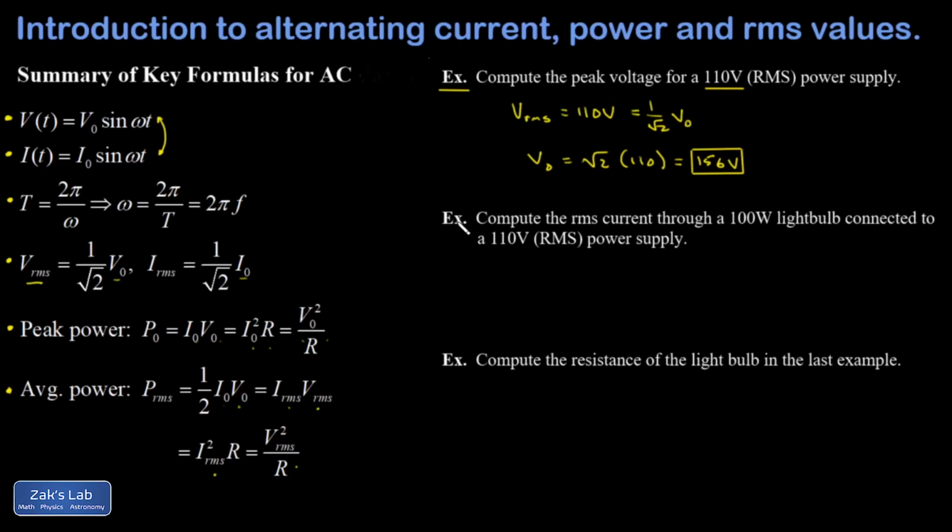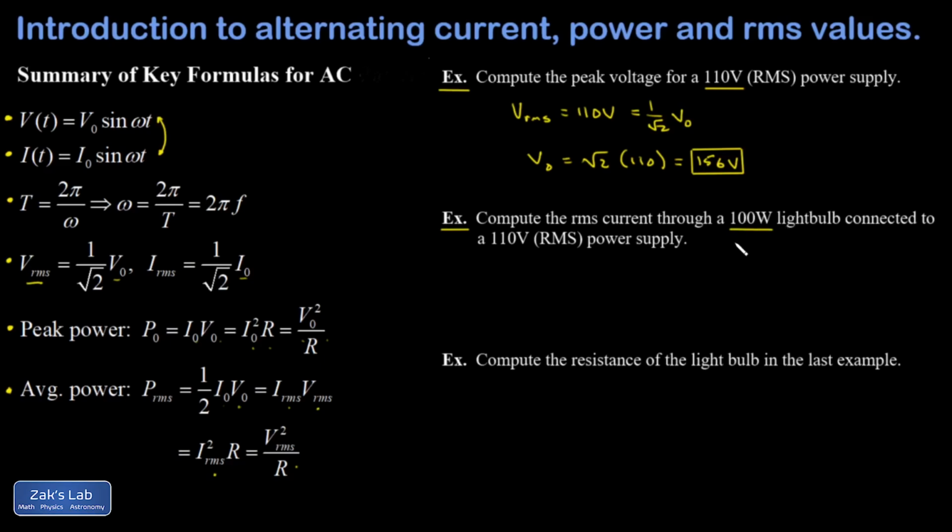In our second example, we're asked to compute the RMS current through a 100 watt light bulb connected to a 110 volt RMS power supply. Now it's key here that you realize the 100 watts I just told you is an average power. That's what we care about with light bulbs. We don't care about the instantaneous power. We want to know how much energy they use up on average.